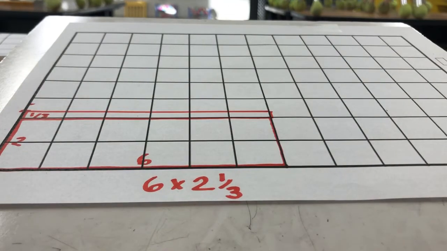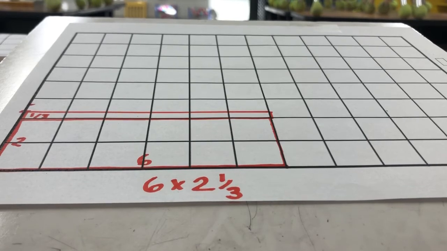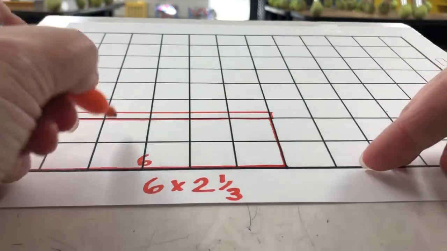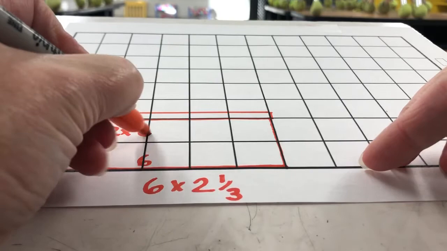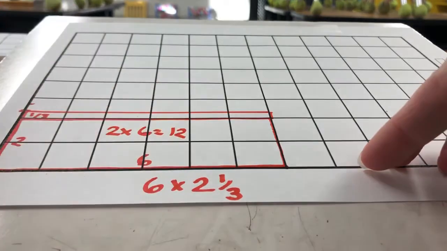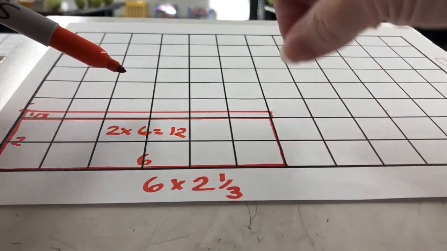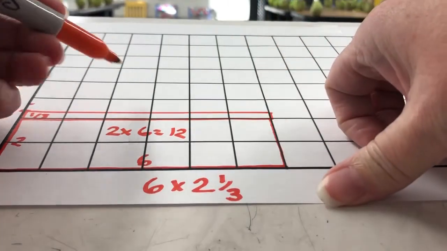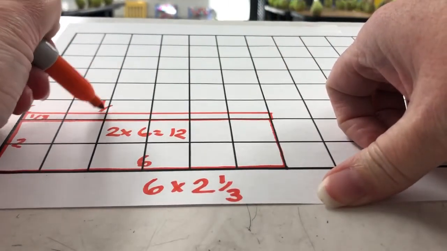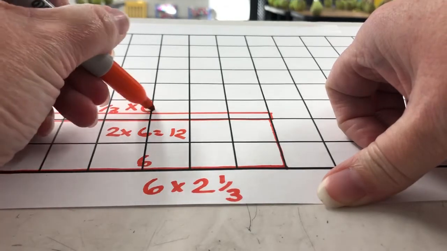So just like before, I'm going to take my 2 partial products. 2 times 6 equals 12. And then this was 1/3. I'm going to write it on top because it's so small that it's hard to see the writing in. This is 1/3 times 6.